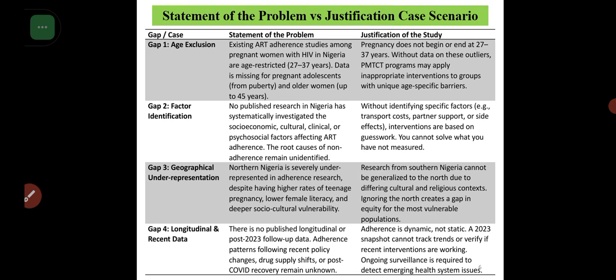You must be sure that the method you're using is appropriate, is suitable. You wouldn't just wake up and use any method and want everybody to accept. No, you have to justify. But the justification we are talking about is not methodological justification here. It is the justification of the problems identified.